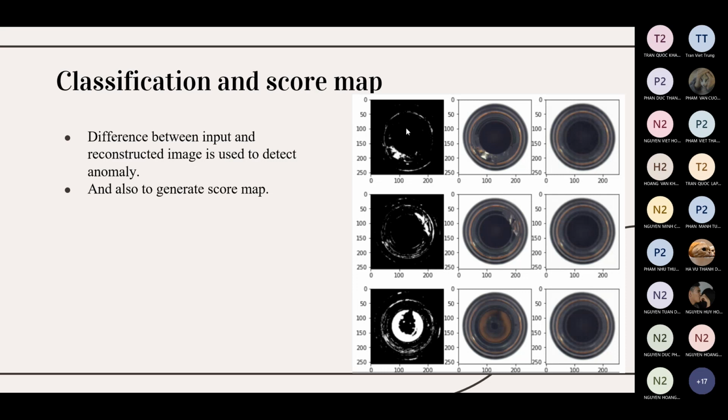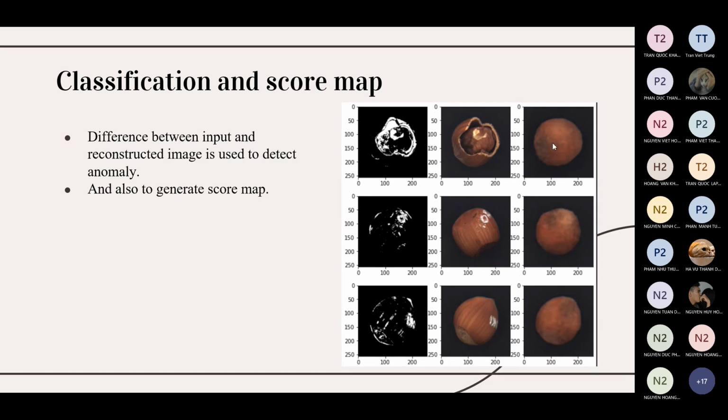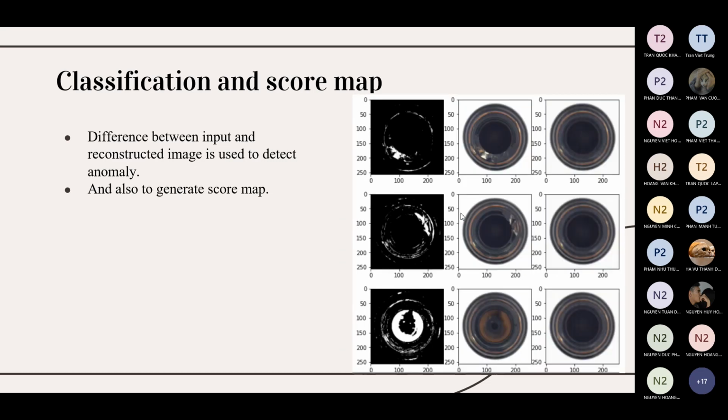However, the score map still shows some distracting lines because the generated image is not close enough to a good image. It is still blurry, as you can see here.